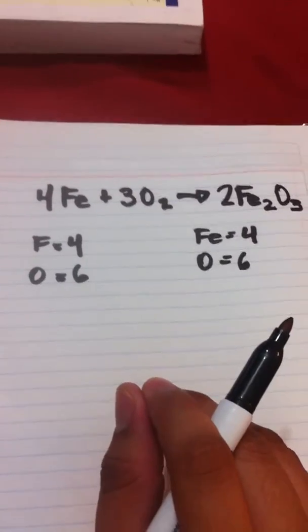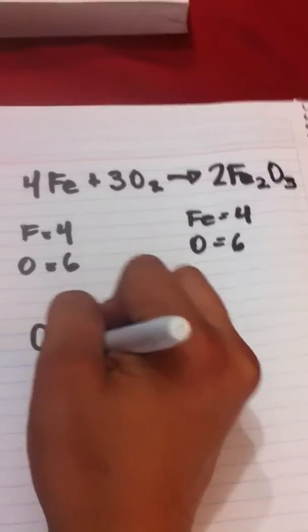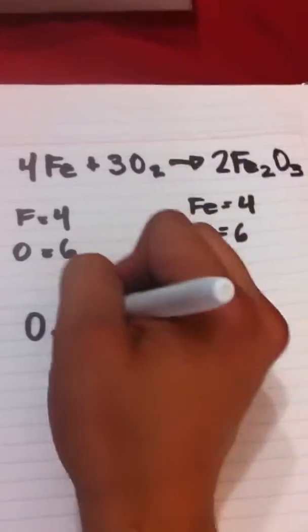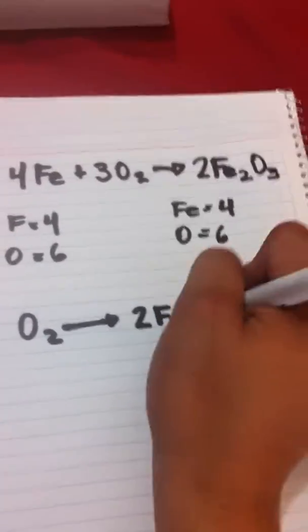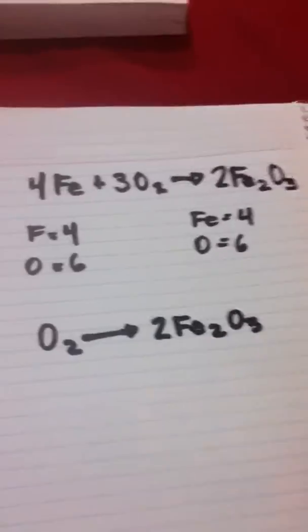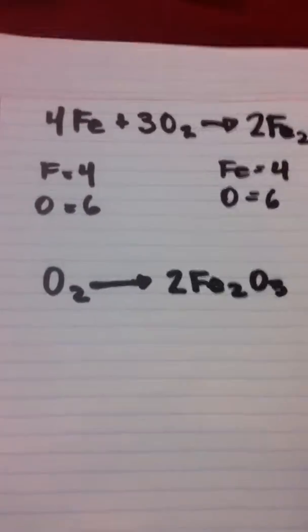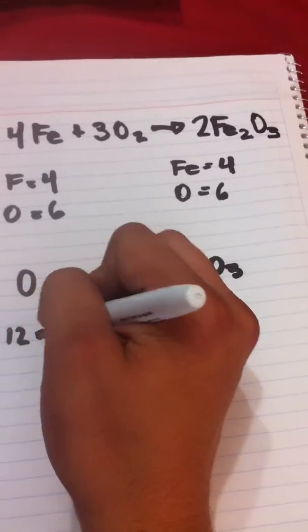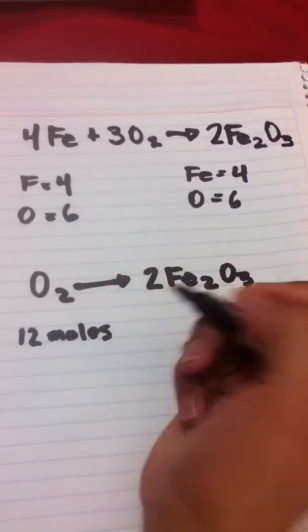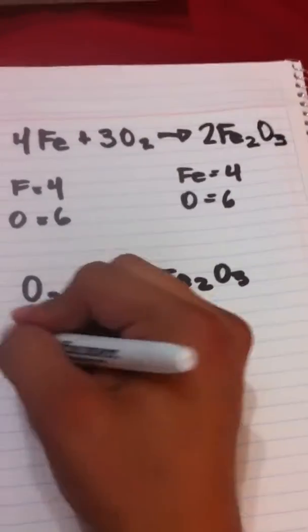Now let's just find out what's the correct factor in order to convert those moles of oxygen to 2 moles of the final solution. Okay, so let's say we have 12 moles of O2, right?